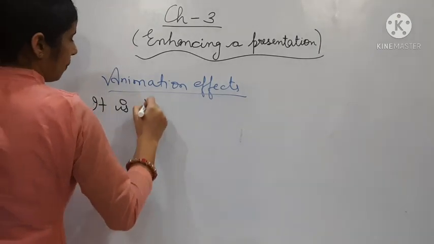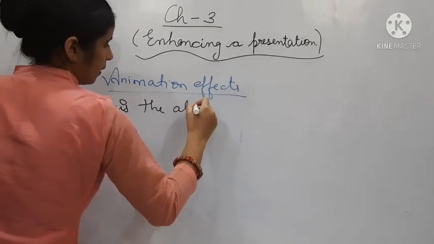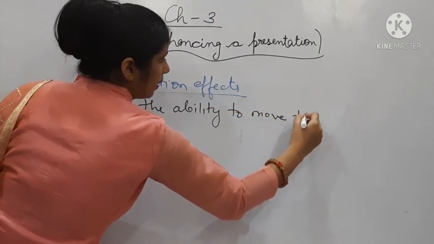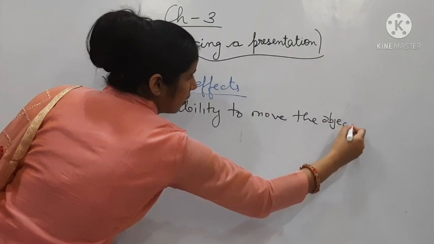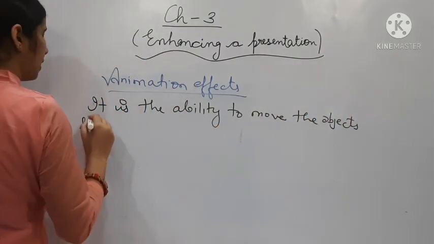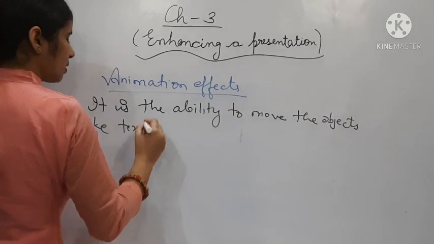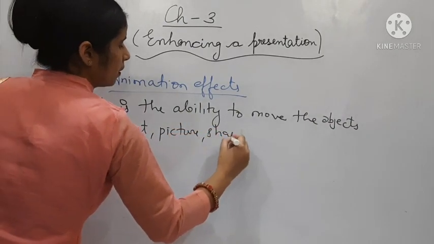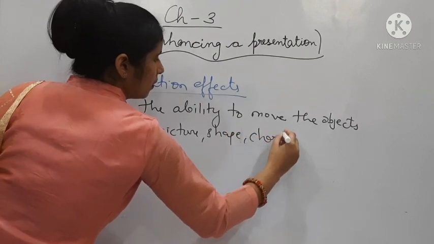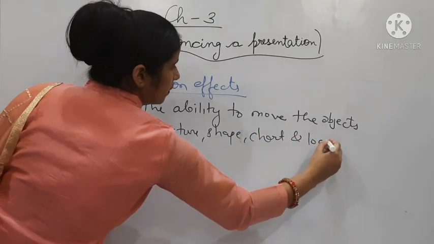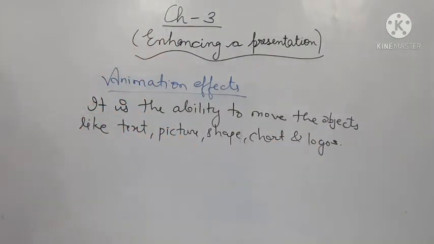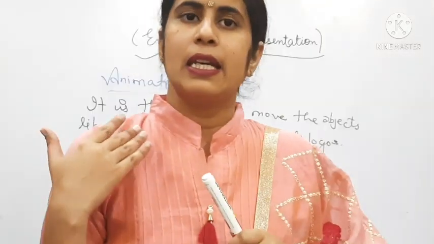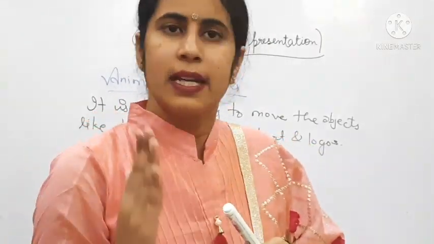It is the ability to move the objects. What are the objects that we are moving here? Text, picture, shape, chart and logos. It is the ability to move the objects like text, picture, any shape, any chart and any logo.